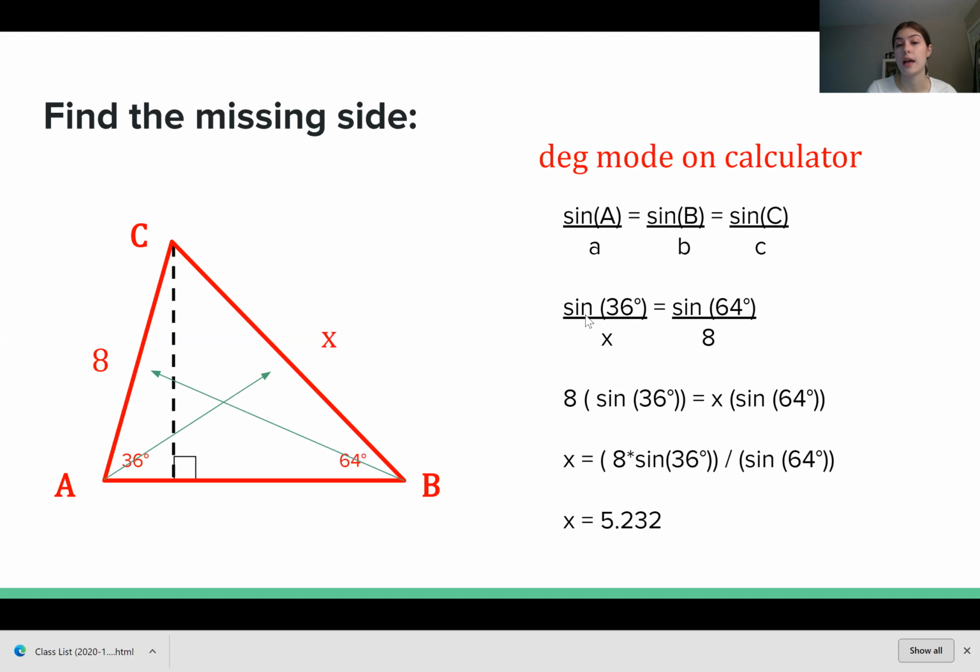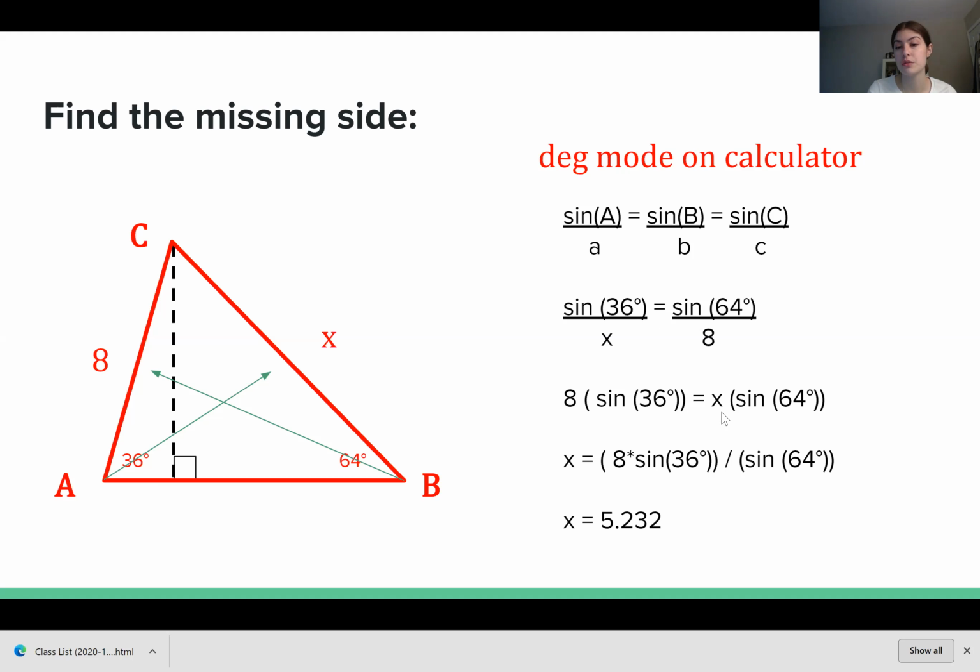So we'll do sine of 36 degrees times 8, so you can see that right here, 8 times sine 36, is going to be equal to x times sine of 64. We are cross multiplying one numerator times the other's denominator, and we set those equal to each other. So 8 sine of 36 is equal to x sine of 64. We cross multiply. Right? And now we want to solve for x.